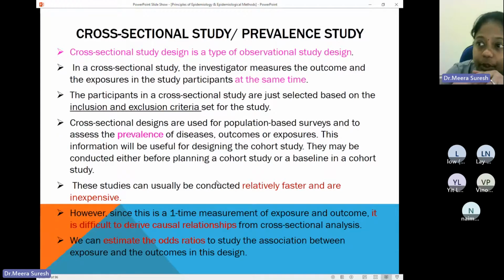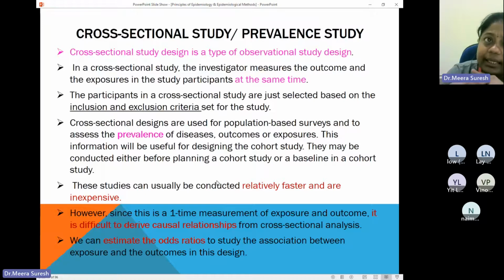After that, you are going to study, which means you are going to go to those people. You are either going to interview them as a group, or you may conduct individual interviews, or you may just give them a questionnaire which you have prepared, because not every person will have time to sit and talk. So you just go to a school or some area where people are aggregated, and then you give the questionnaire.